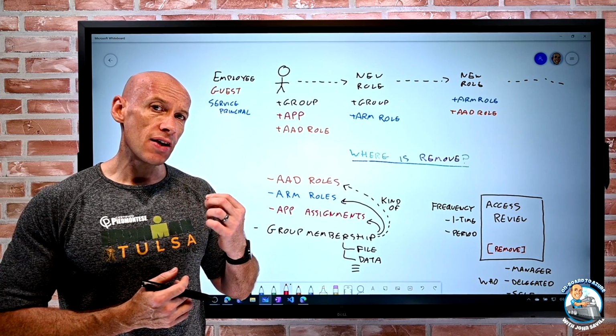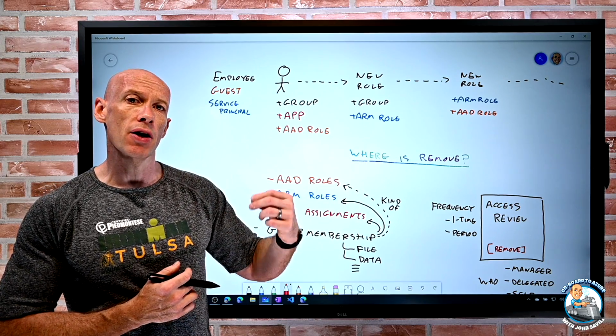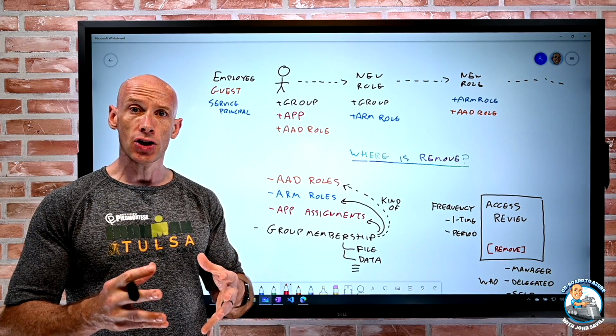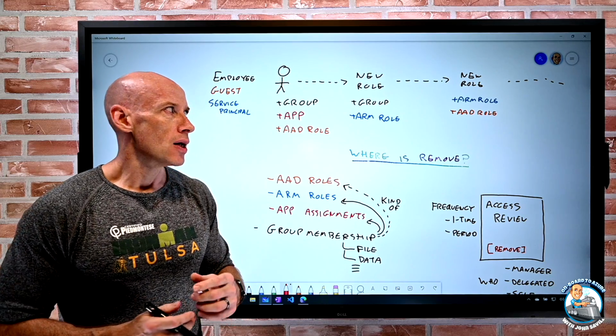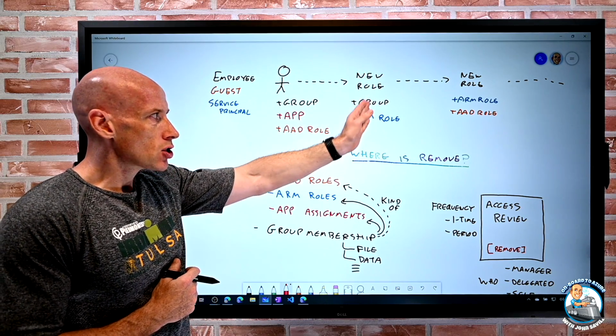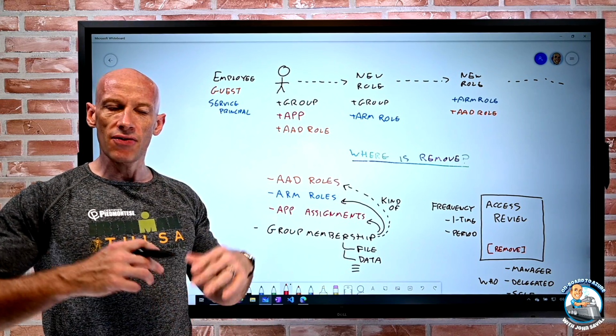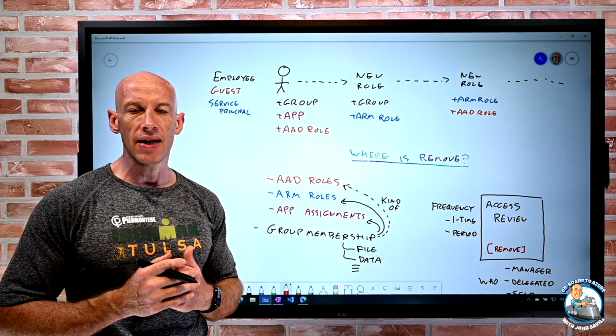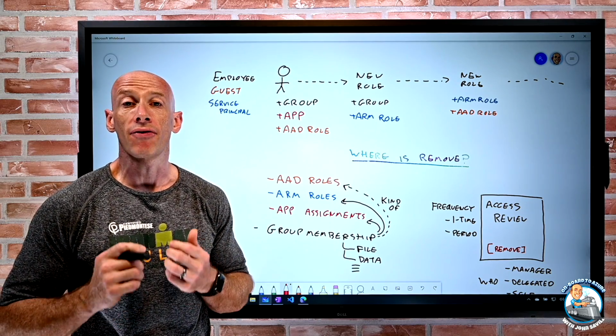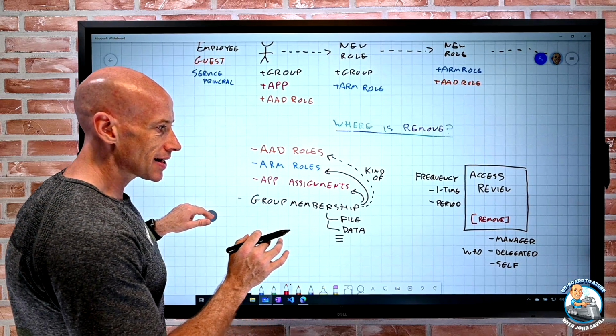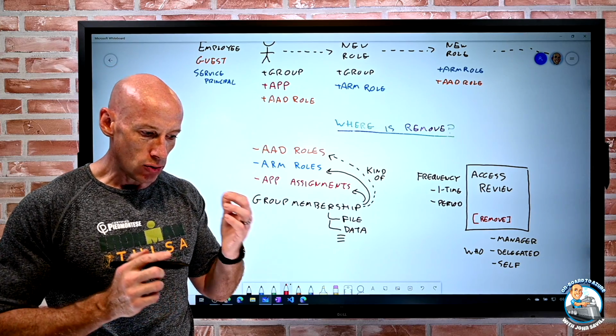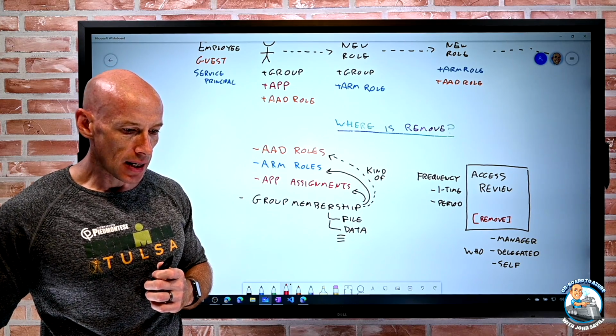And so what you want is, if I'm having people review, hey, should this person be in the group, they need to understand the function of it and who should be in it. So here I'd want the business owner to do the review. Just giving it to an admin who manages Azure AD has no clue who should or shouldn't have that role. So I want to delegate it to someone who actually understands who should or shouldn't have it.